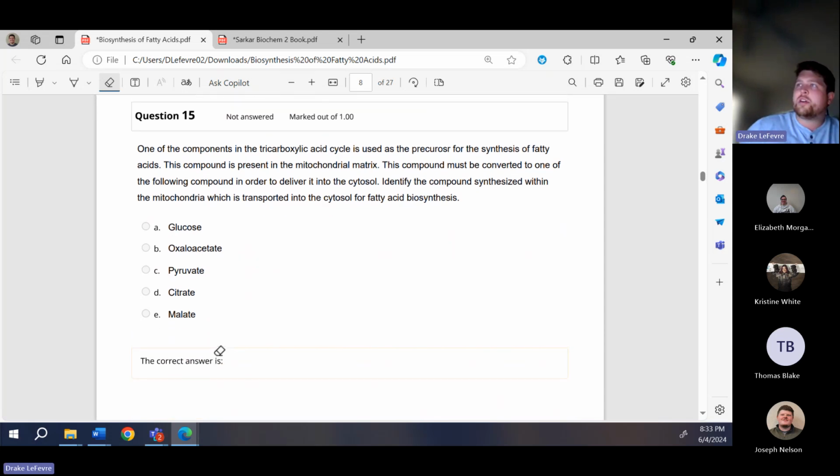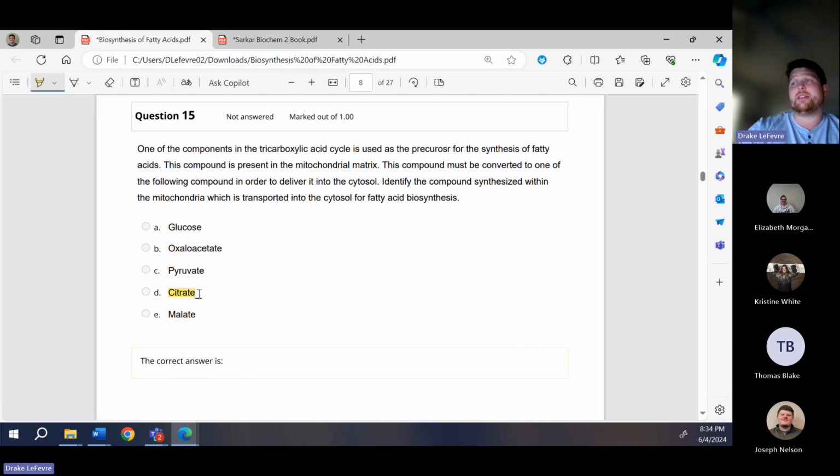One of the components in the tricarboxylic acid cycle is used as the precursor for the synthesis of fatty acids. This compound is present in the mitochondrial matrix. This compound must be converted to one of the following compounds in order to be delivered into the cytosol. If I'm not mistaken, this is saying the exact same thing, just a lot more words.